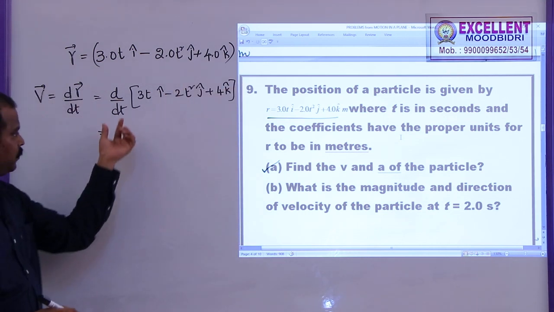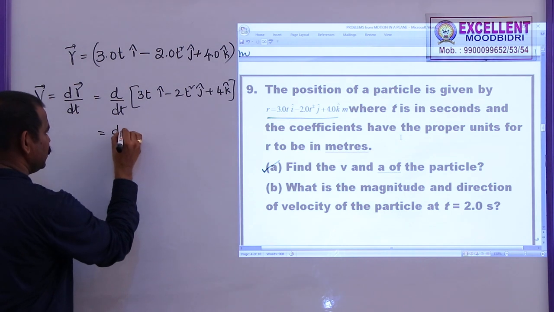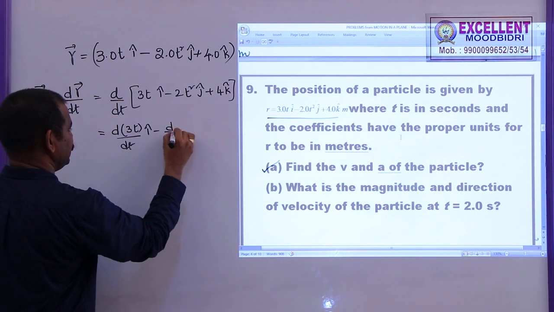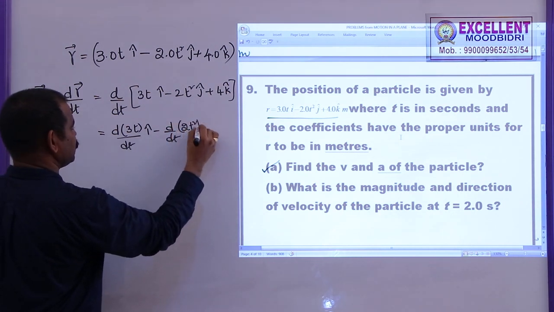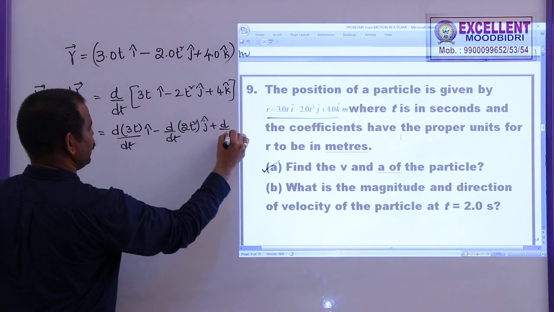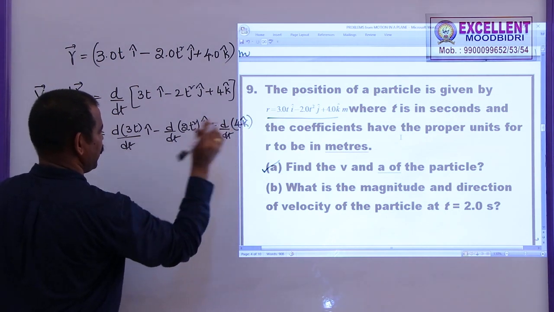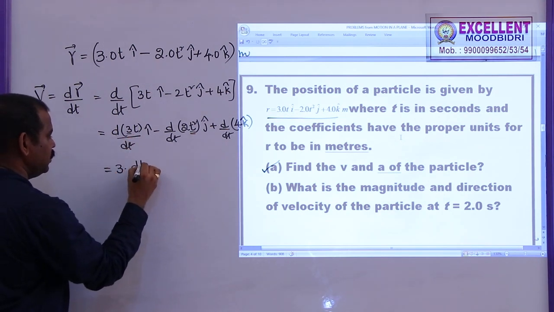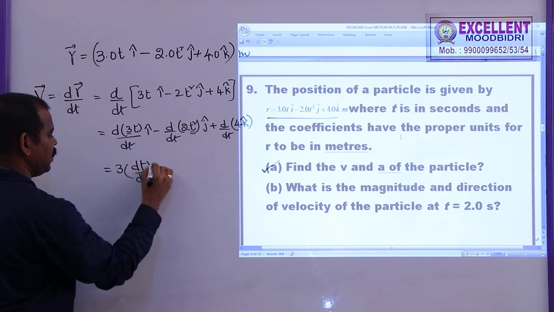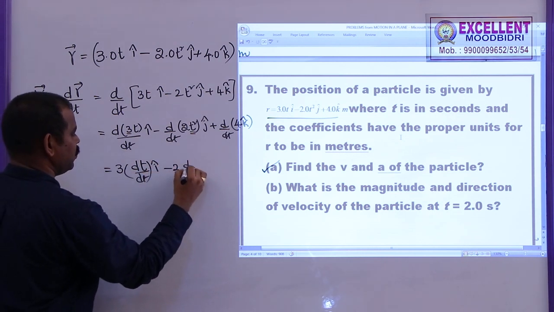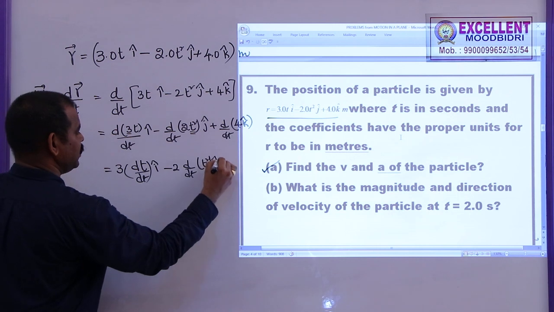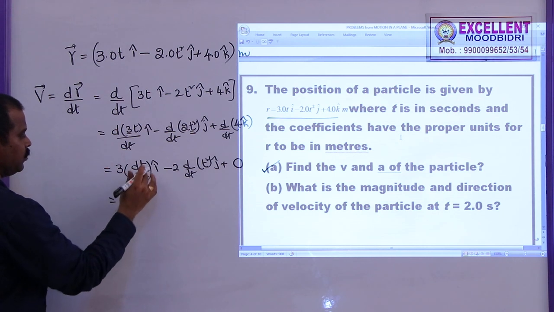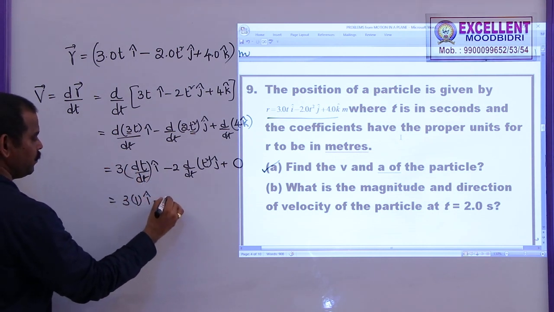Now when you are differentiating, separate each term: 3 dt by dt i cap minus d by dt of 2t square j cap plus d by dt of 4k cap. Here 3 is a constant, bring it outside. Derivative of t with respect to t is 1, i cap.